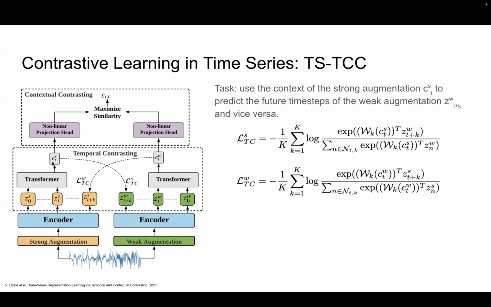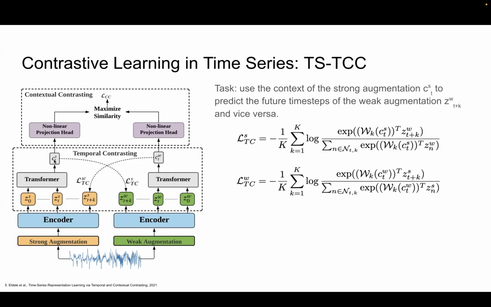instead of just matching this embedding vector C directly, it will try to predict. It will try to match the C with this input vector Z before the transformer model, and try to predict several time steps ahead.